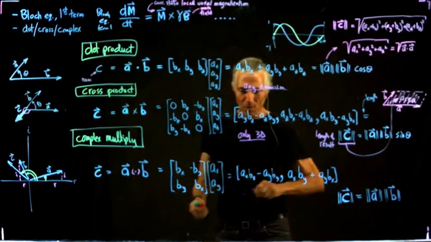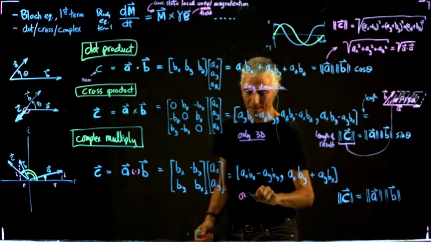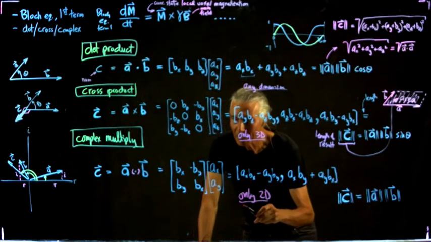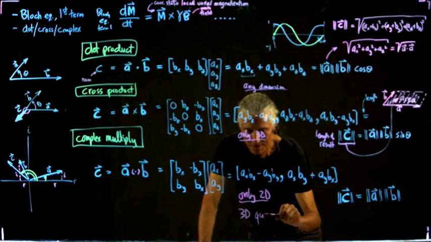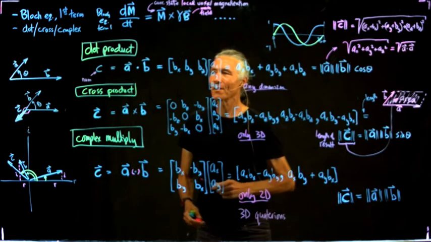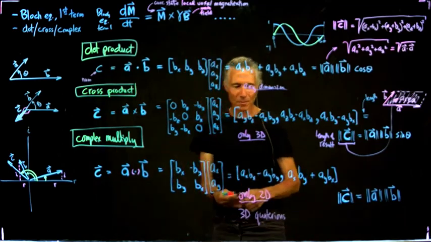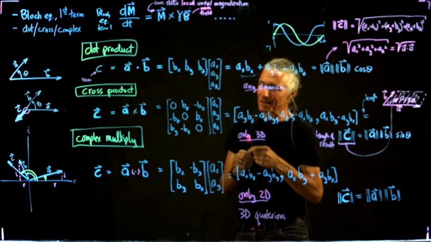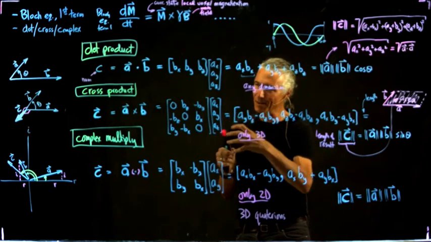Now, this is only 2D. So everything's just so asymmetrical, isn't it? But it turns out there's a 3D version of it called quaternions. They heavily used it in the space program to stabilize aircraft and efficiently calculate rotations.